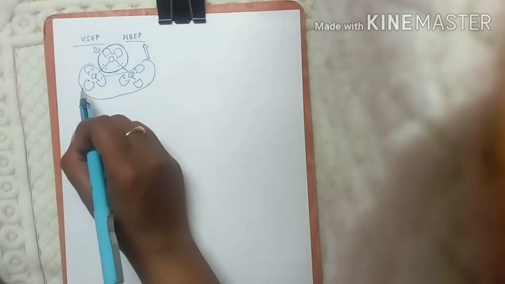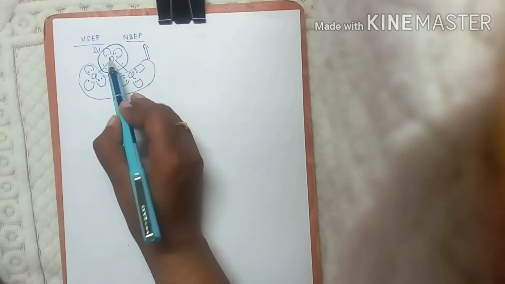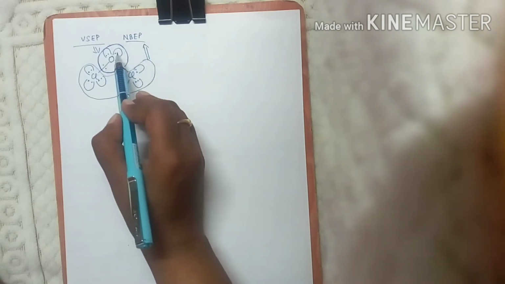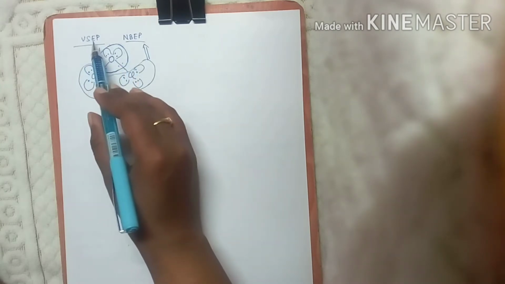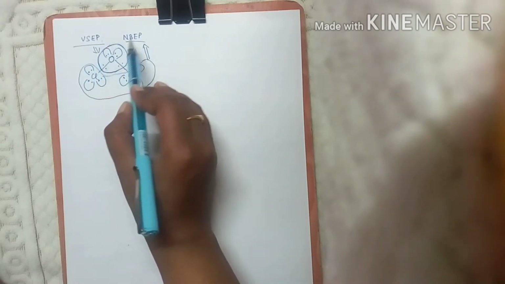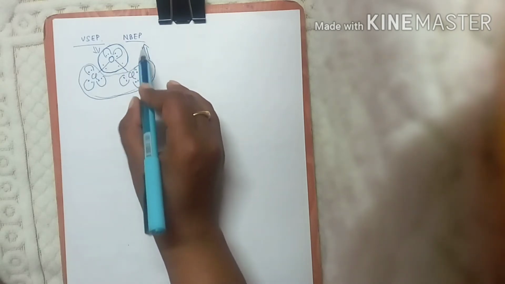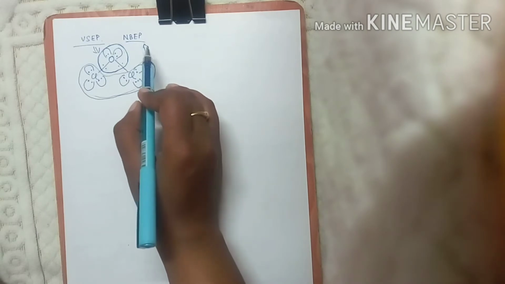So what we have understood so far is that the electron pairs attached to the central atom are your valence shell electron pairs, and the electron pairs attached to your side atoms are known as your non-bonding electron pairs.